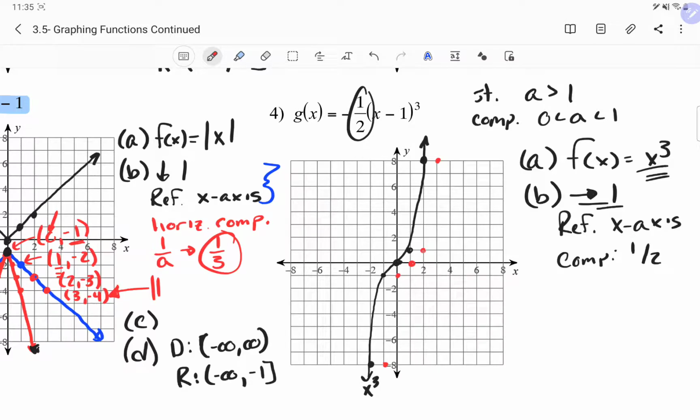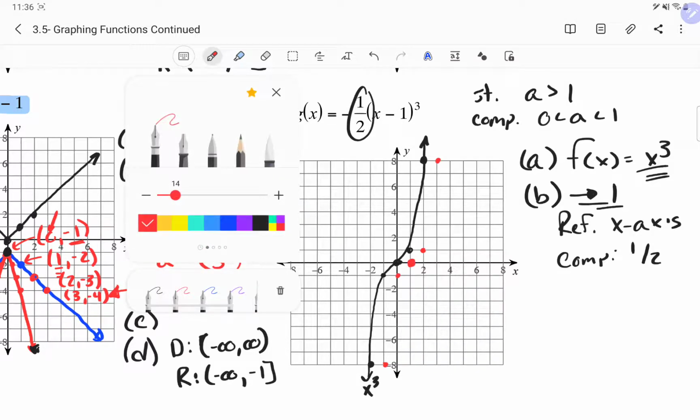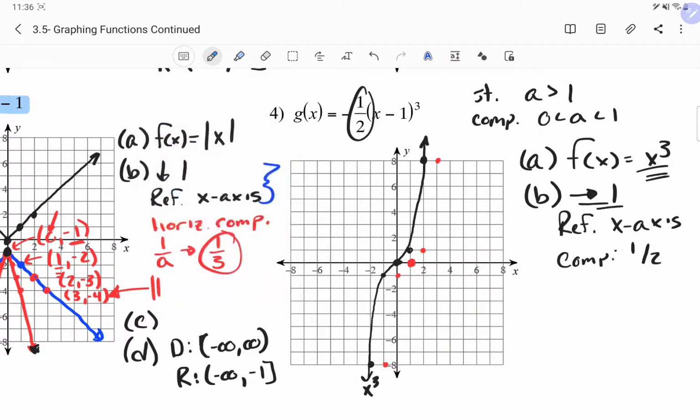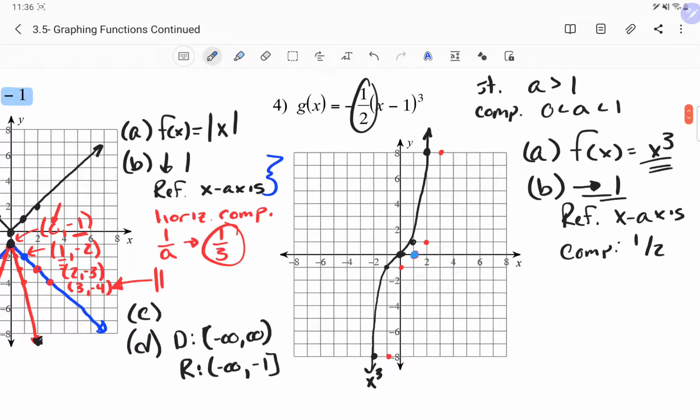So I'll change color so we can see what's going on. Our point on the x-axis stays the same because we can't flip it there. Now, this one will flip down here. This one flips up here. And then we have up here and down here. And then we have our graph.